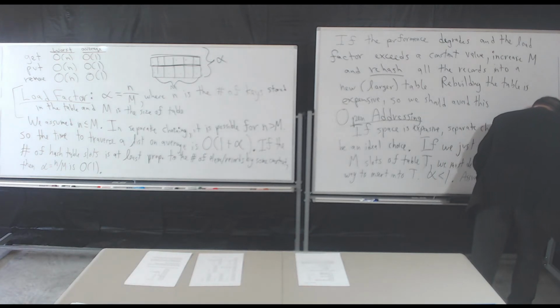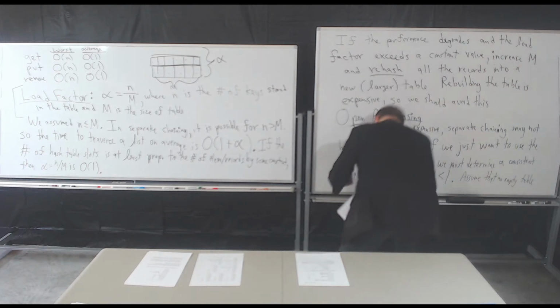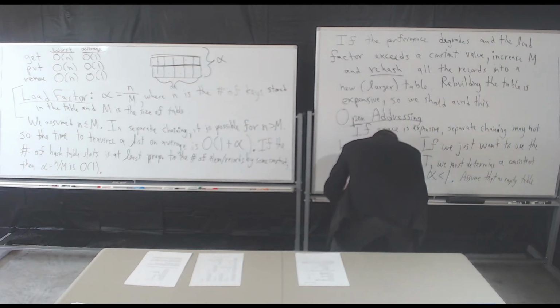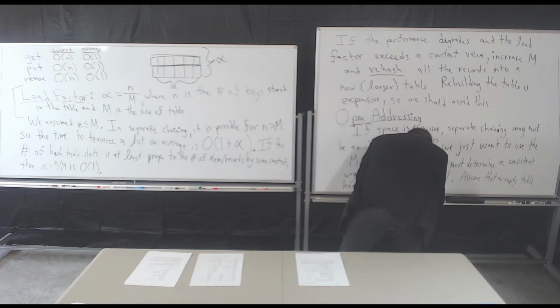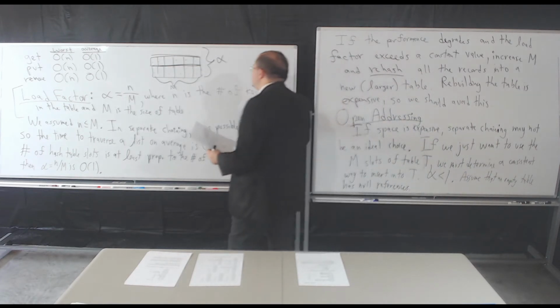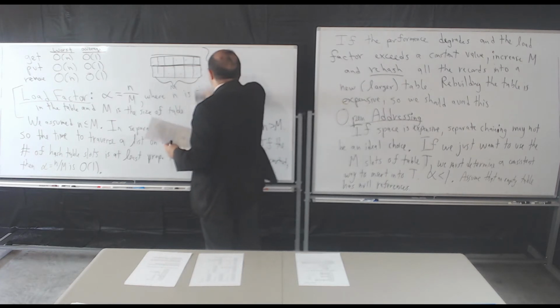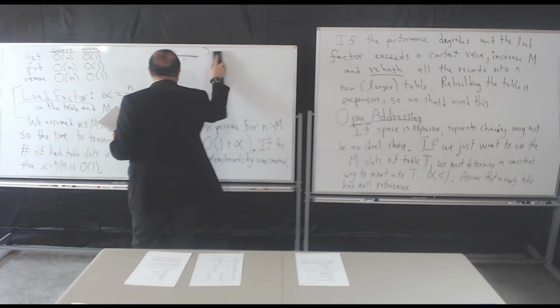I'm going to assume that an empty table has null references. So the whole table is just full of null references. This isn't quite like what we talked about in separate chaining, where I had no references.